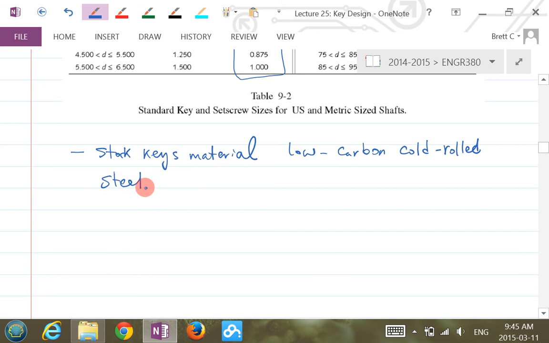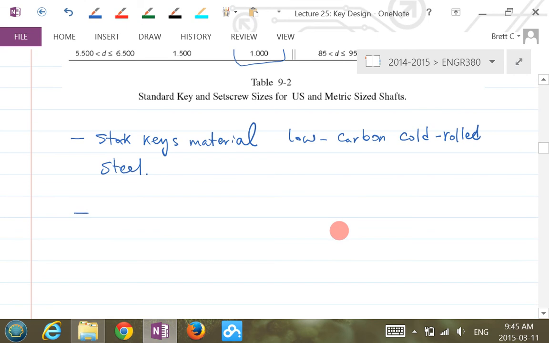And second, when you machine the key, your nominal dimension should be negatively toleranced.